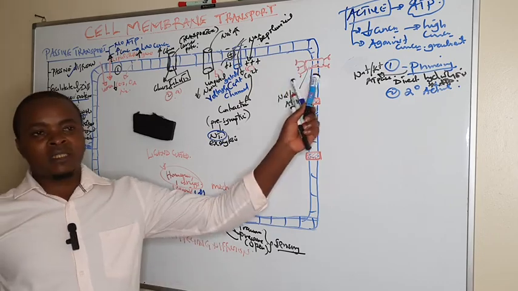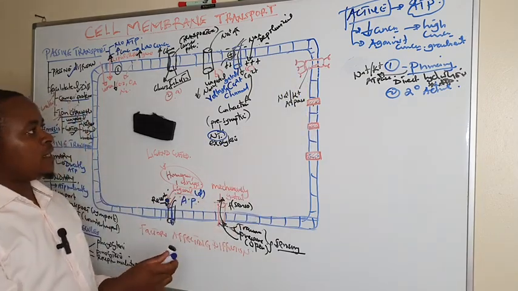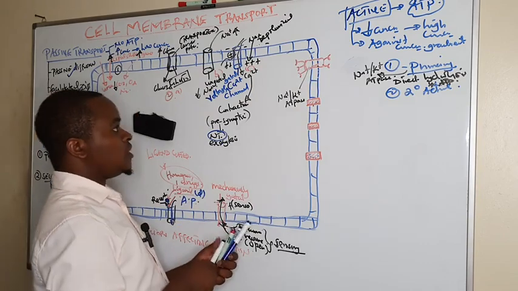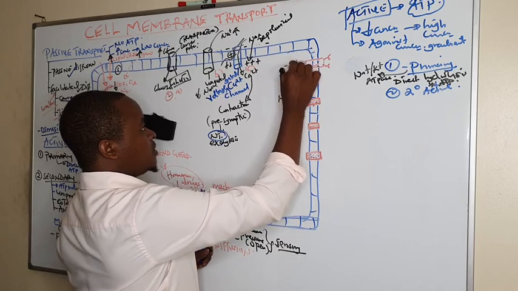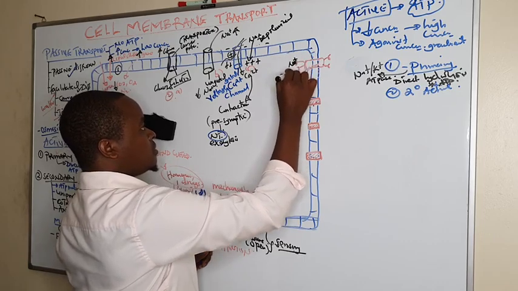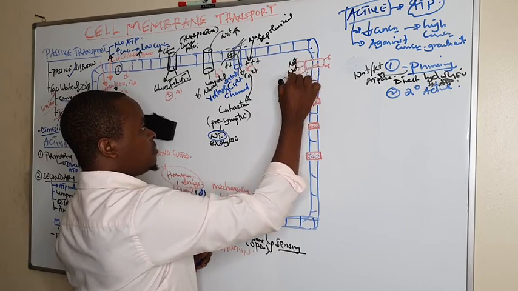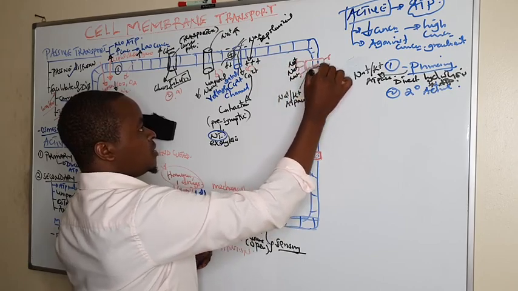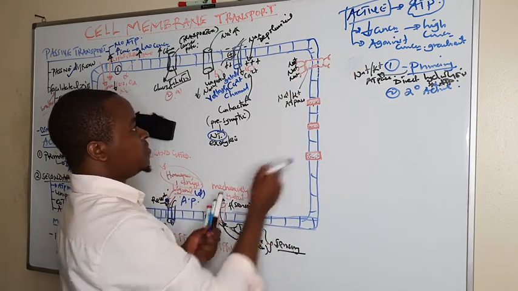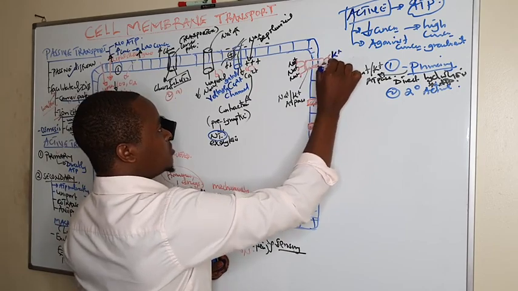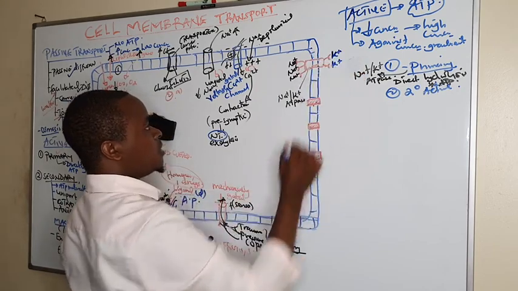So this pump, what it does inside the cell, it carries 3 sodium ions. It has what we call 3 receptors for sodium ions. Then outside it has receptors for potassium. 2 potassium bind outside the cell.